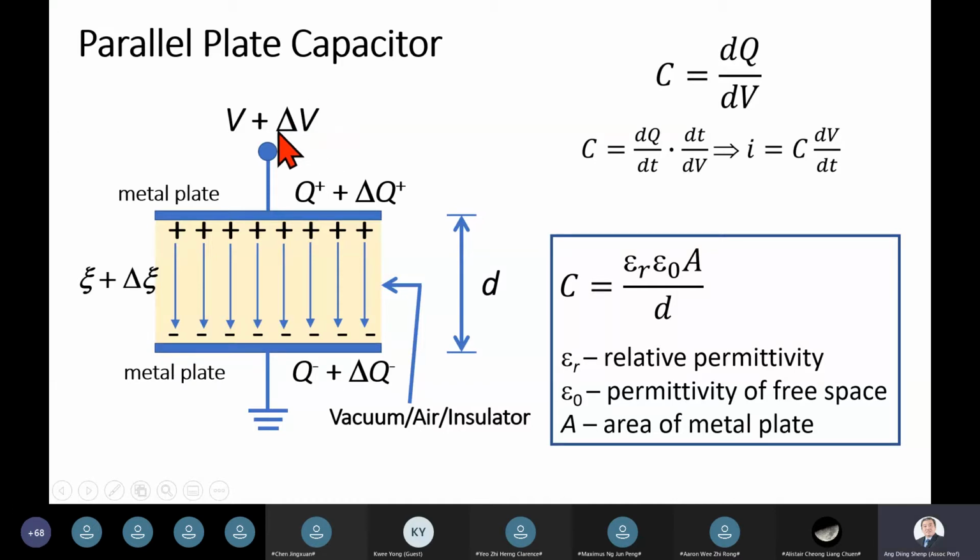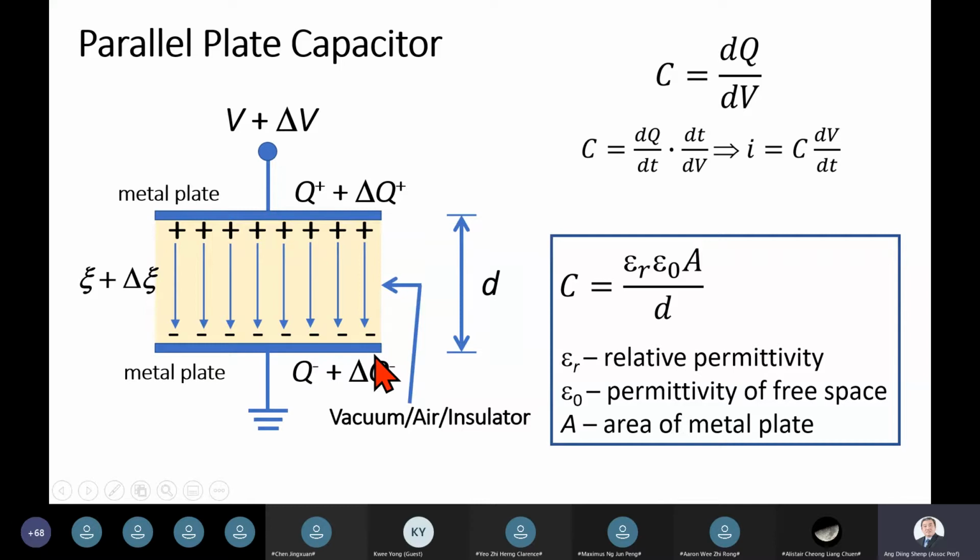Now imagine you change the voltage applied to the top plate by a certain amount delta V, and assuming delta V is positive, that means overall the voltage applied to the top plate is more positive than before. So you deposit more positive charges on the top plate, and these additional positive charges will be balanced by additional negative charges they induce on the bottom plate.